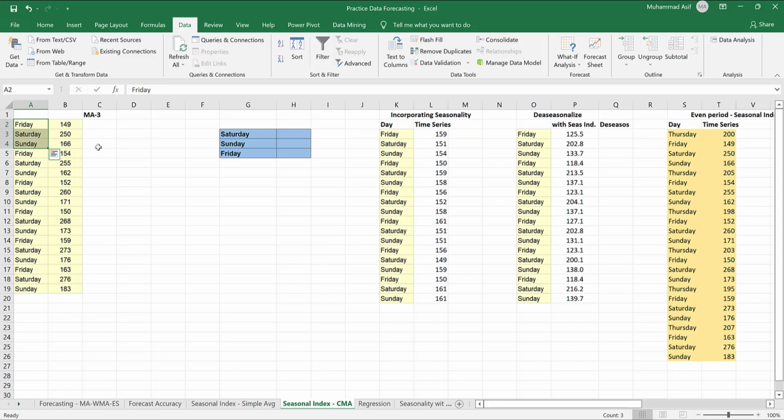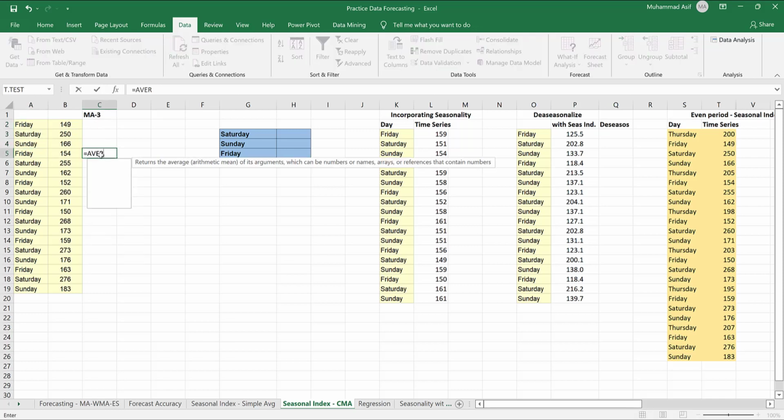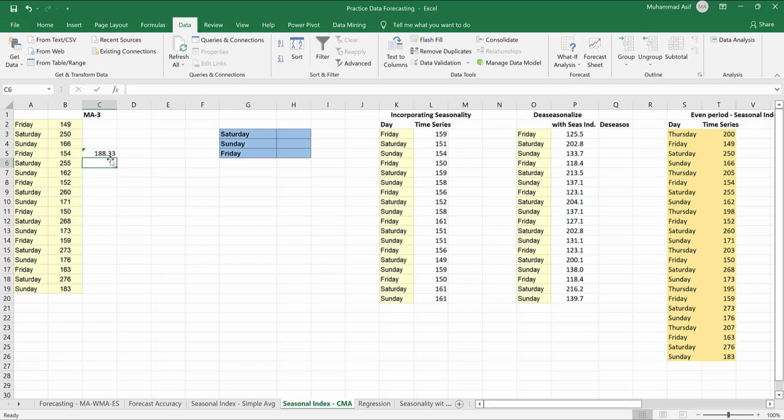So what we do is that we use a 3 period moving average of these 3. So that's the 3 period moving average.